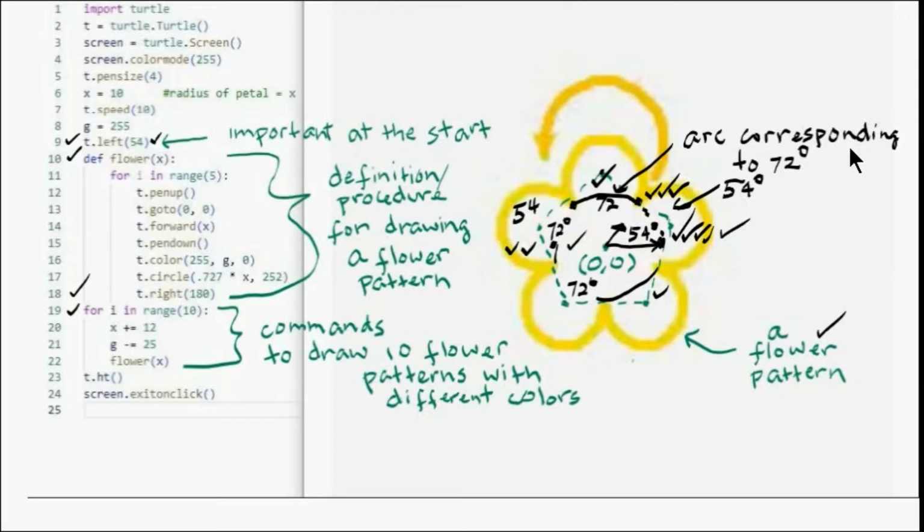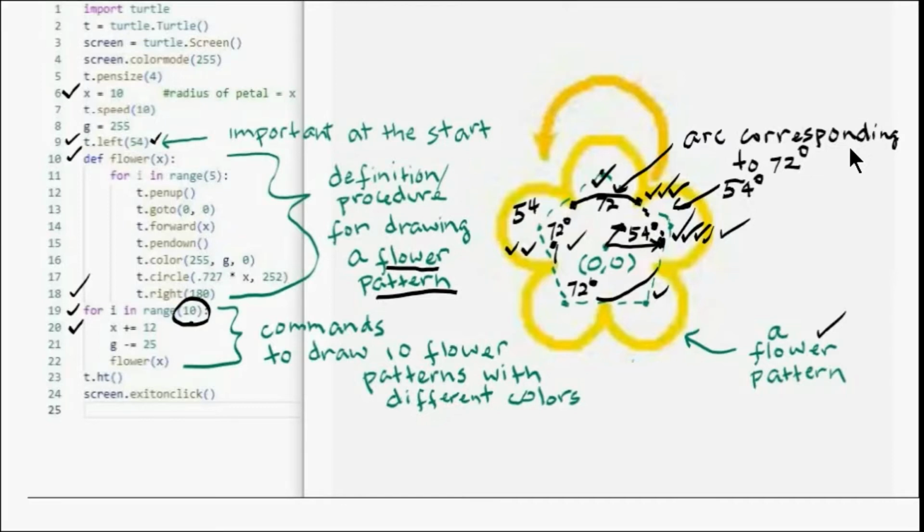Lines number 10 up to 18 is just the procedure for drawing the flower pattern. But what I'm gonna have in the final image, remember, is 10. Look at this number 10 in the range: 10 of the flower patterns. The first thing I have to do is add 12 points to the x. I define the x in number 6 as the radius of the petal, and there are 5 petals, as you can see.